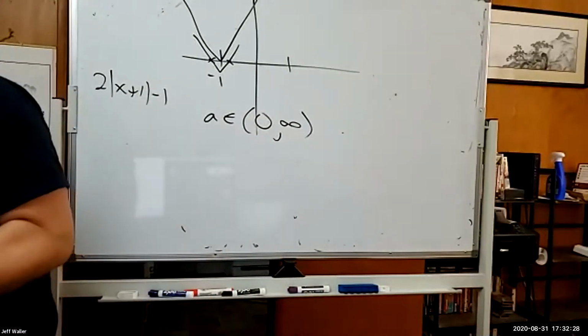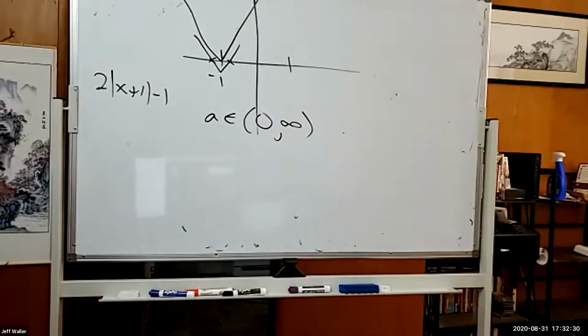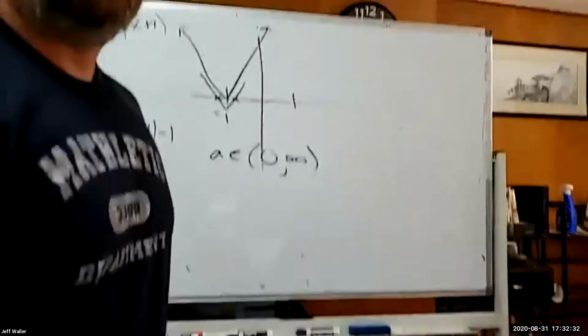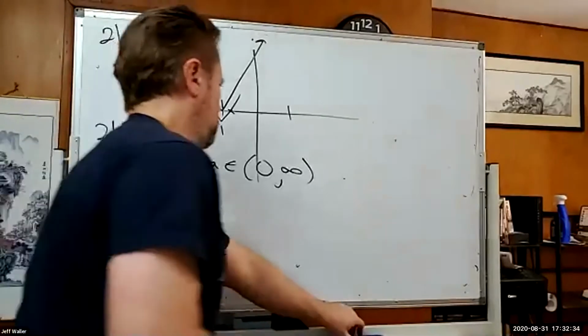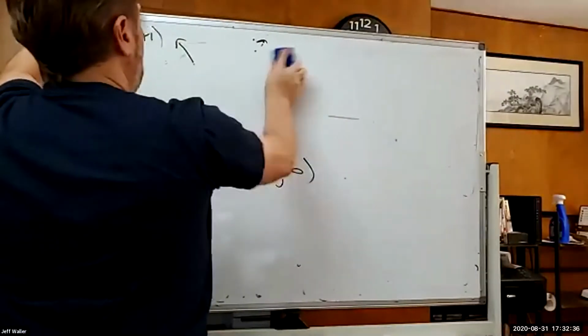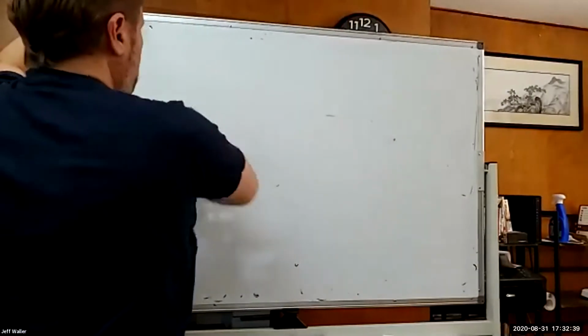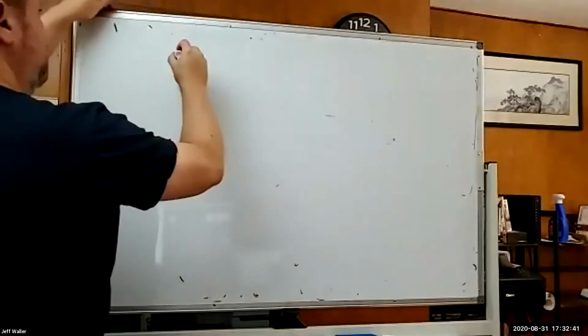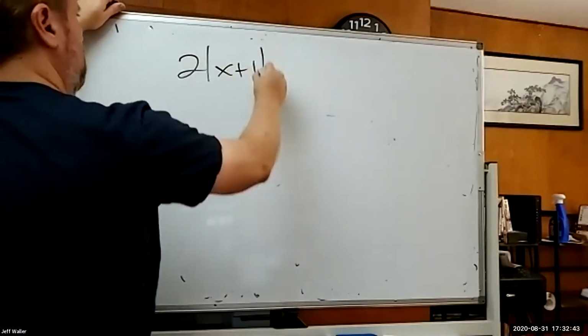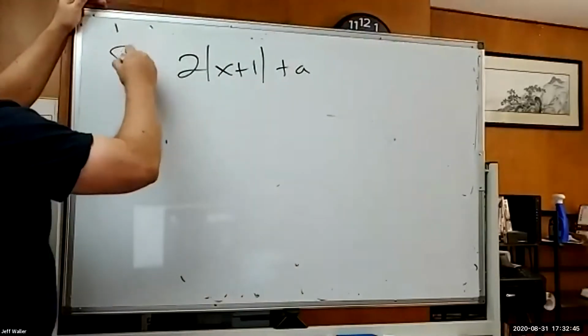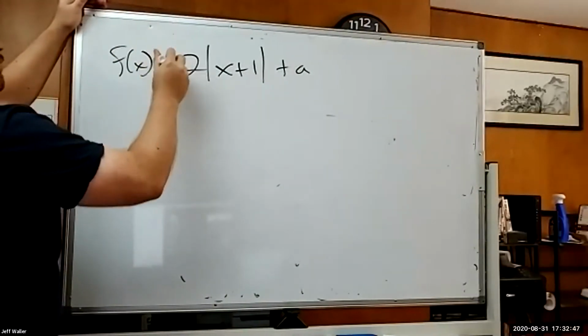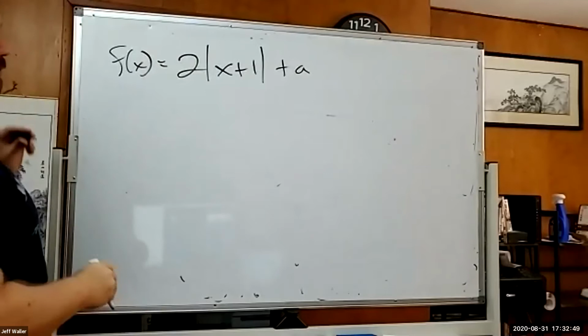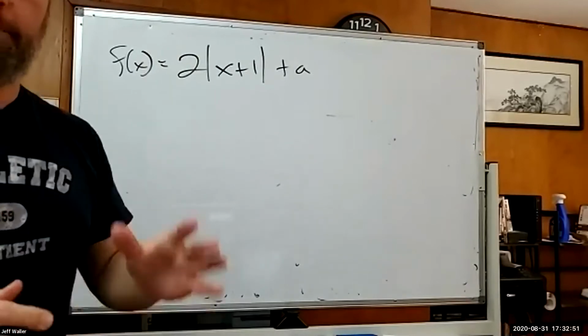So let me redraw this stuff here. So they give you this. What are we able to control ourselves about this function? What's the control we have?